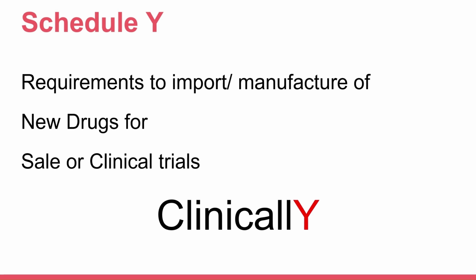In both cases, the requirements are mentioned in Schedule Y. That is, import of new drugs, either for sale or for clinical trials, is mentioned in Schedule Y. Then, manufacture of new drugs, either for sale or clinical trials, is also mentioned in Schedule Y.